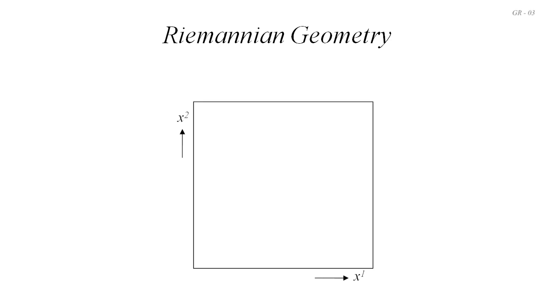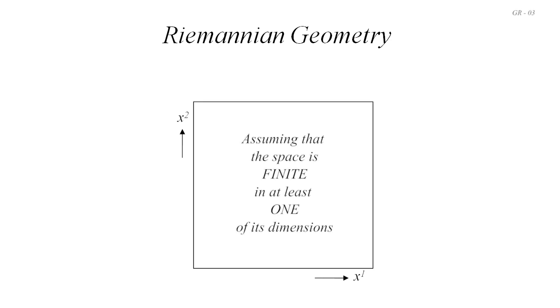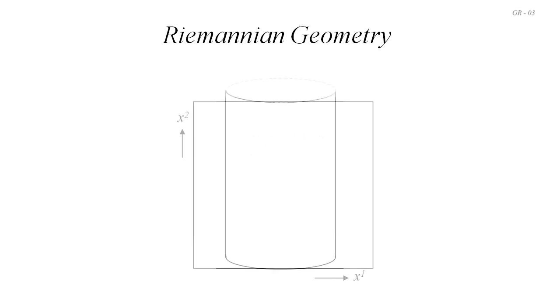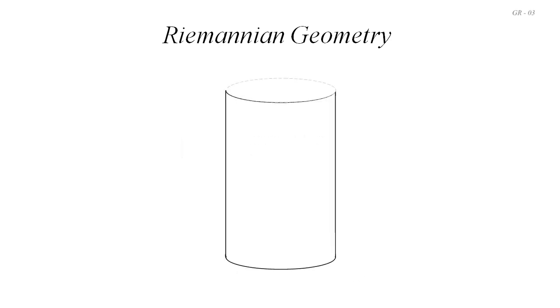Furthermore, it's possible to bend or flex such a flat two-dimensional space back on itself in one of the two dimensions, and that space would still be what we would call flat. To our eyes, as outsiders with access to the third dimension, it would be a kind of tube.